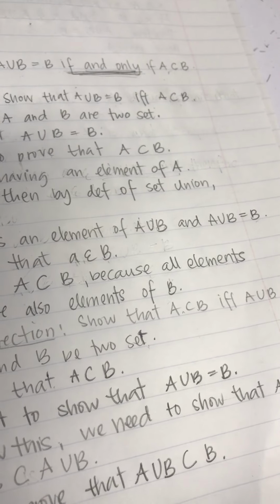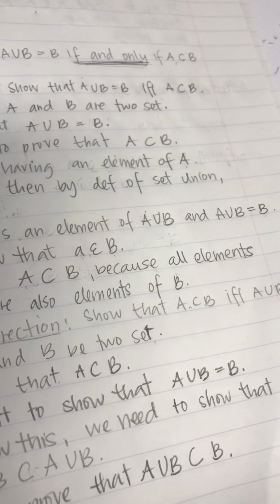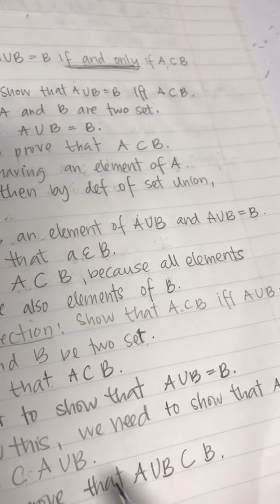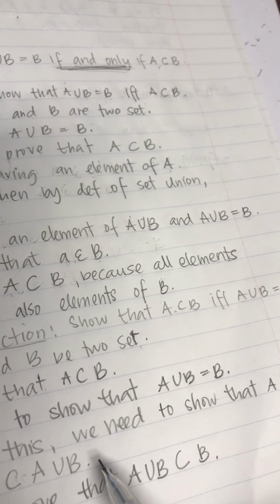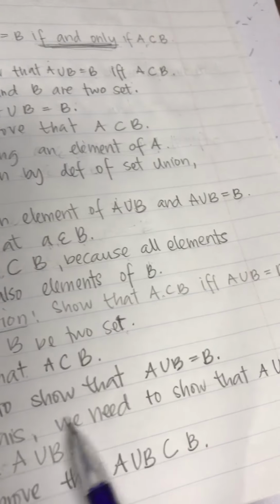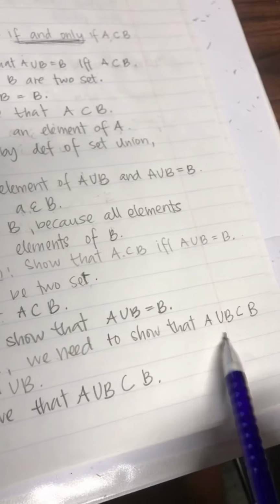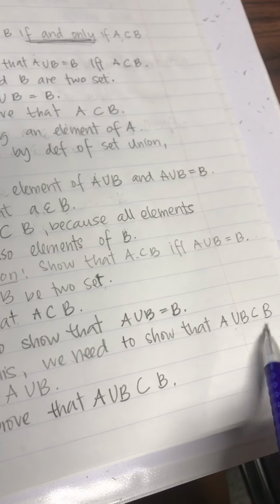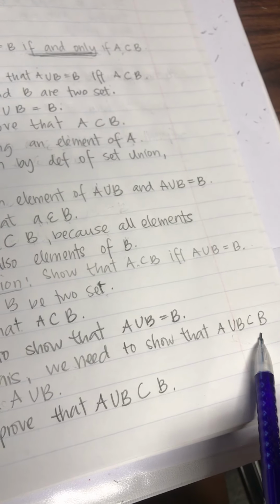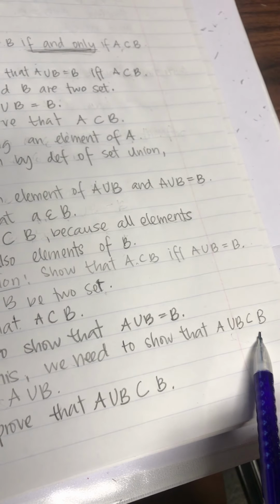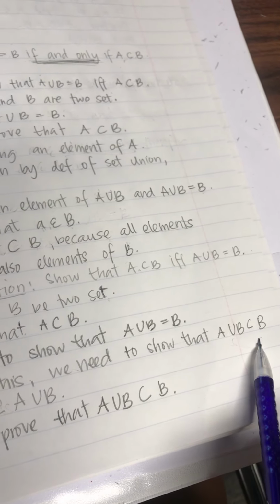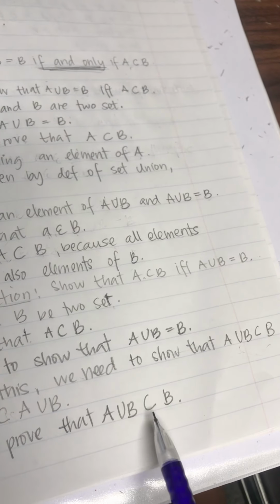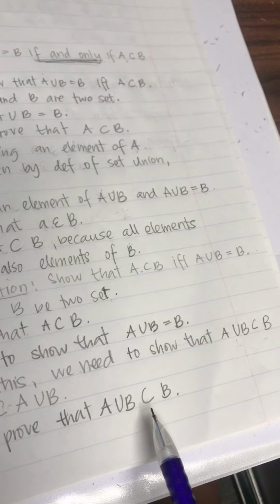Assume that our set A is a subset of B, and we want to show that A union B equals B. To show this, we need to show that A union B is a subset of B, and that B is a subset of A union B.